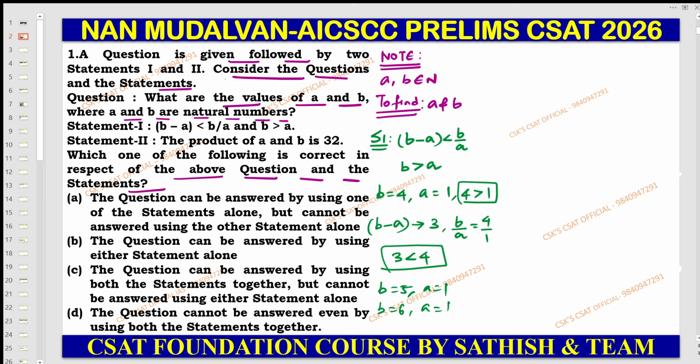Therefore, you can't say the value of b because it has multiple values. You can substitute some other values also. I am just focusing on b here, taking 4, 5, 6, so multiple values are there for b itself.